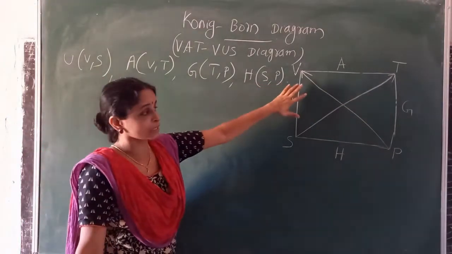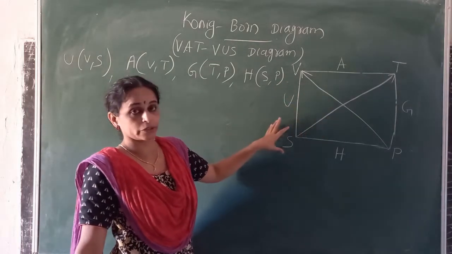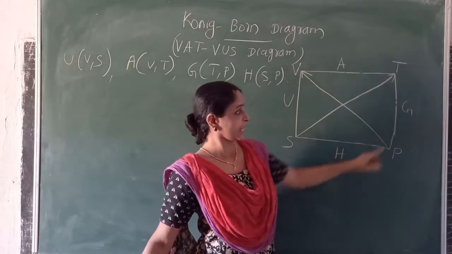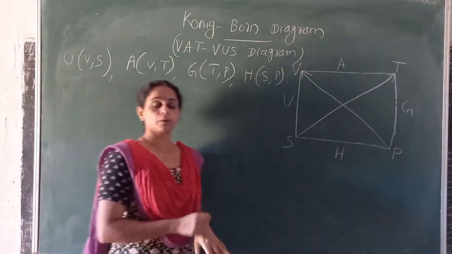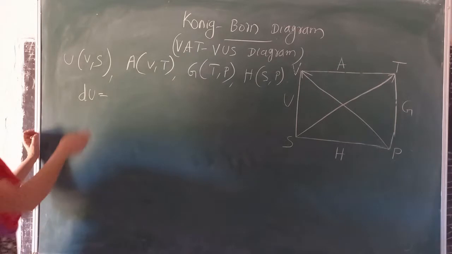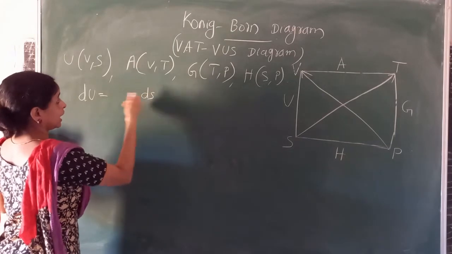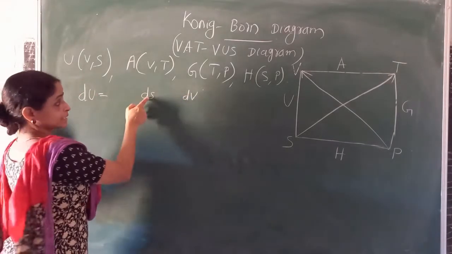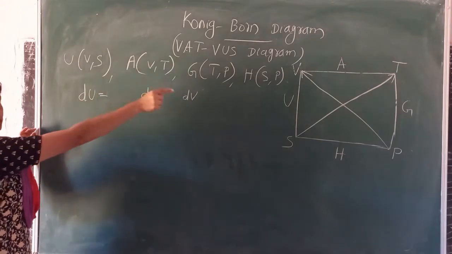From this diagram it is very easy to write these dependencies: U is a function of V and S, A is a function of V and T, G is a function of T and P, and H is a function of P and S. The first thermodynamic potential relation is for U. We can say that U is a function of V and S, and that we have to obtain from this VAT VUS diagram.